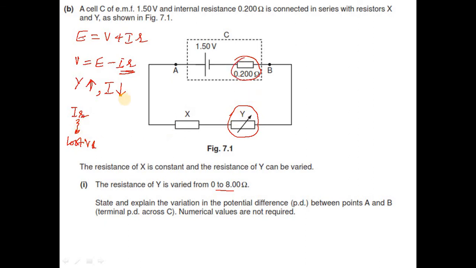So due to decrease in the current, overall product, that means IR, is going to decrease. If IR is decreased, it is subtracting from that term, that means V must be increased. So terminal potential difference is going to increase if Y is increased.